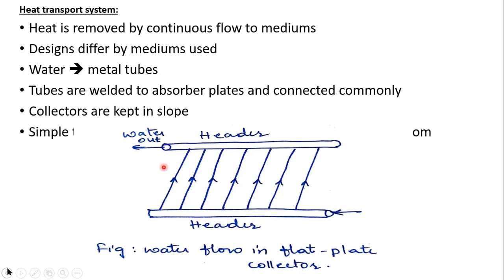While flowing in the tubes, it gets warmed by the absorber's heat, and then flows out from the top header. This is the simple type of flat plate collector, and the absorber is a blackened sheet with close corrugations running from top to bottom here. This water also flows through the grooves of the corrugations.